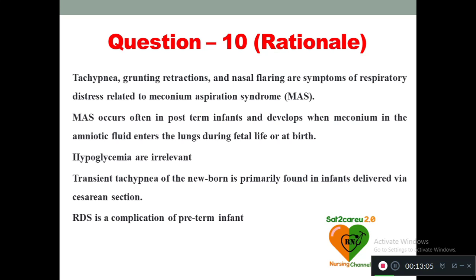Meconium aspiration occurs often in postterm infants and develops when meconium in the amniotic fluid enters the lungs during fetal life at birth. Hypoglycemia is irrelevant. Transient tachypnea of the newborn is primarily found in infants delivered via cesarean section. Respiratory distress syndrome is a complication of preterm infants.